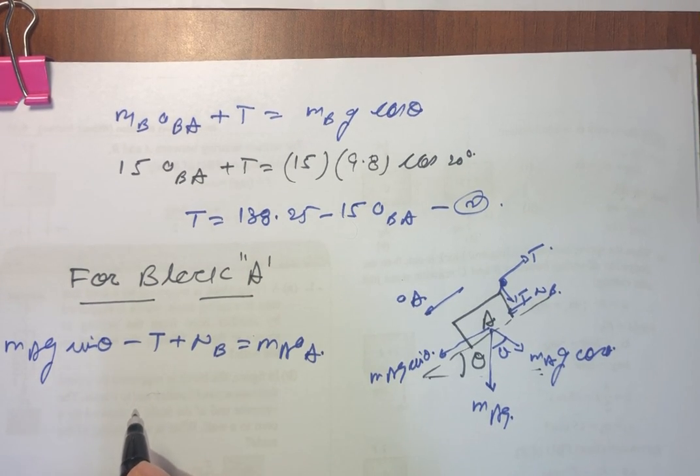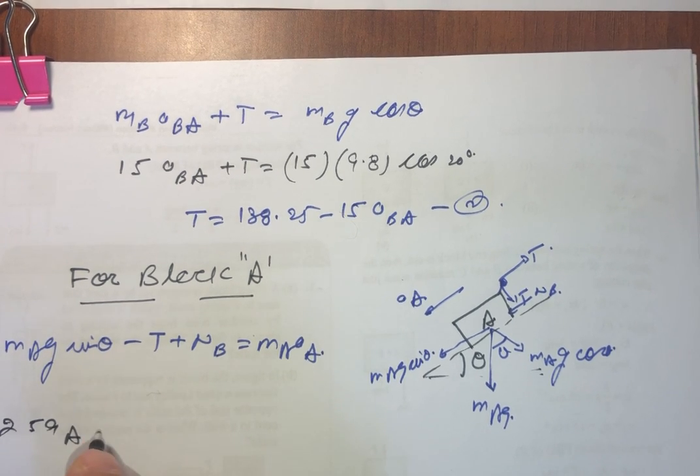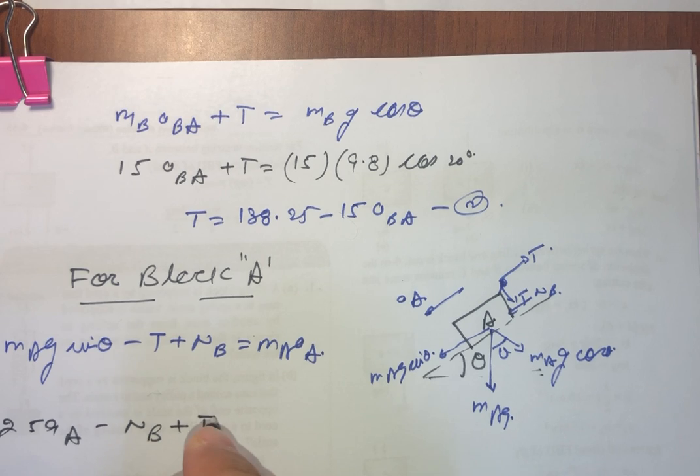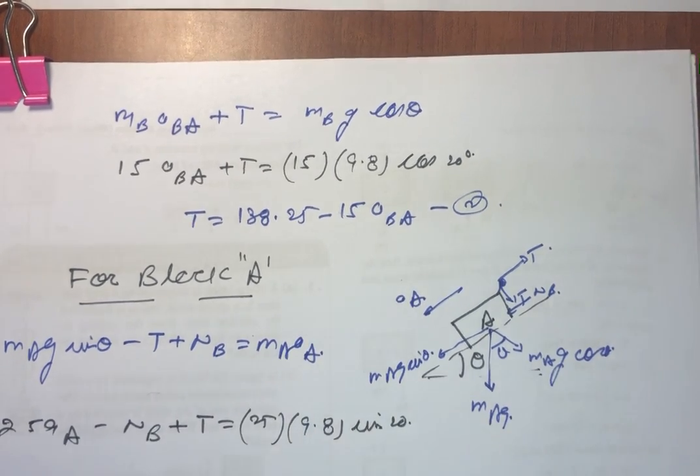We just put the values. mA is given as 25, so we have 25A minus NB plus T is equal to 25 times 9.8 times sine of 20 degree.